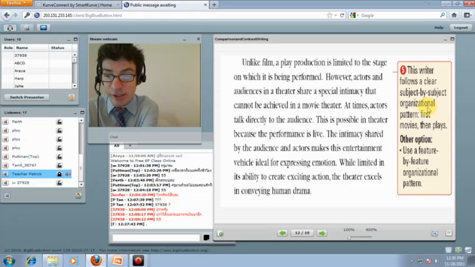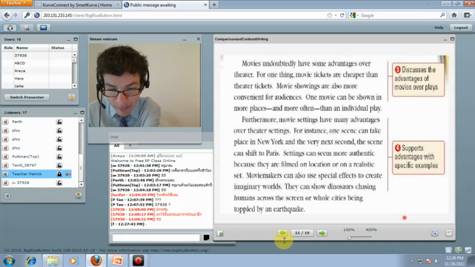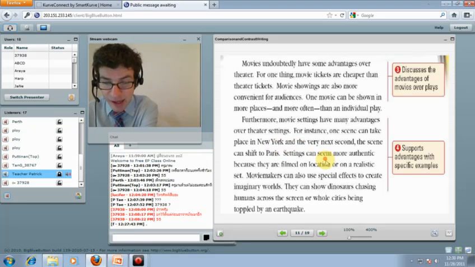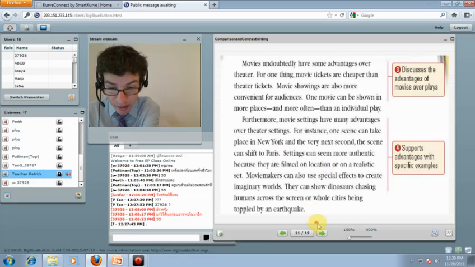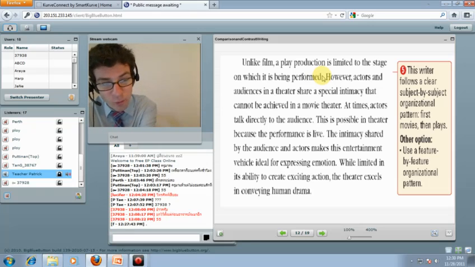A play production is limited to the stage on which it's being performed. Now, in the last paragraph, if you remember, let's go back to the slide, movies can be in New York and the next second go to Paris because they can film on location. So remember that we talked about that. Now we're talking about, wait, plays can only be on a stage. So that's a limitation. That's a difference right there. One than the other. Okay.